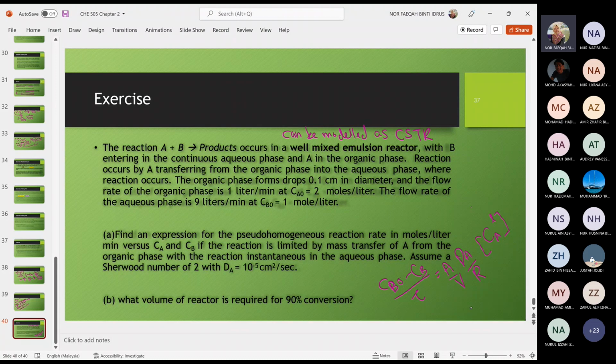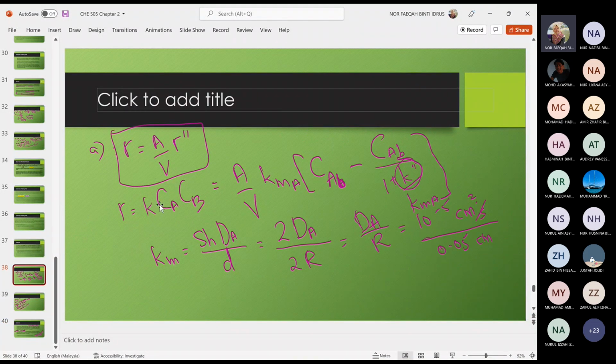So expression negative RA equal to CA0 minus CA per tau ataupun negative RB sama dengan CB0 minus CB per tau. And then for pseudo homogeneous reaction rate ni semua yang ni je. The same equation. Okay, use the same equation.